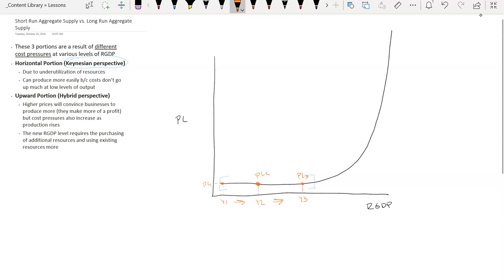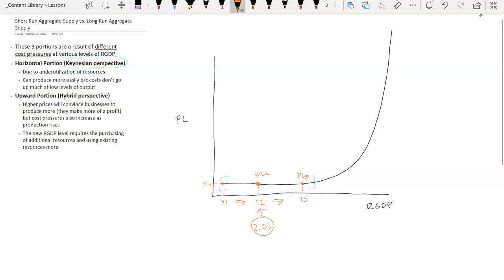The reason is that at the lower end of our graph, we are highly underutilizing resources, right? So the cost of production pressures aren't kicking in on this part of the graph, because we may still have, let's say at Y2, 20% unemployment.